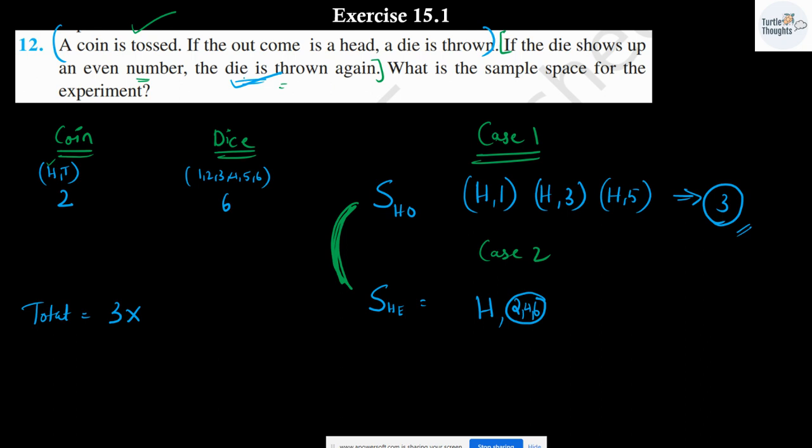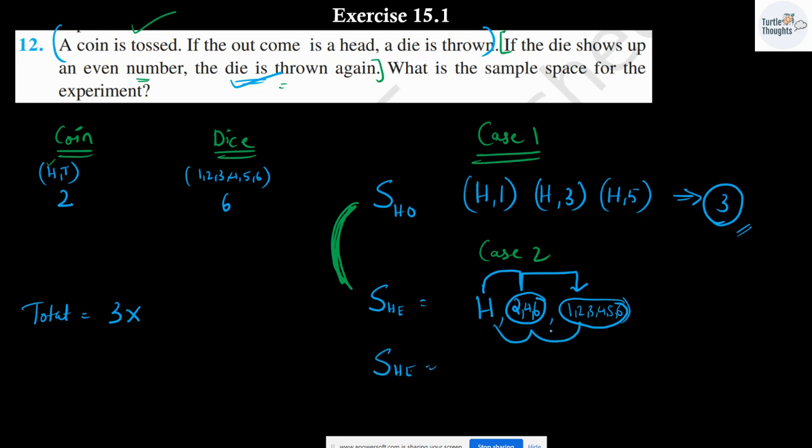What is the next step? The next step is that I can throw a die. When can I throw a die? Only if I get an even number. Once I get an even number, I can throw a die. For a die, how many chances are there? Six chances. So you can get a head, any one of these numbers, and any one of these numbers also.